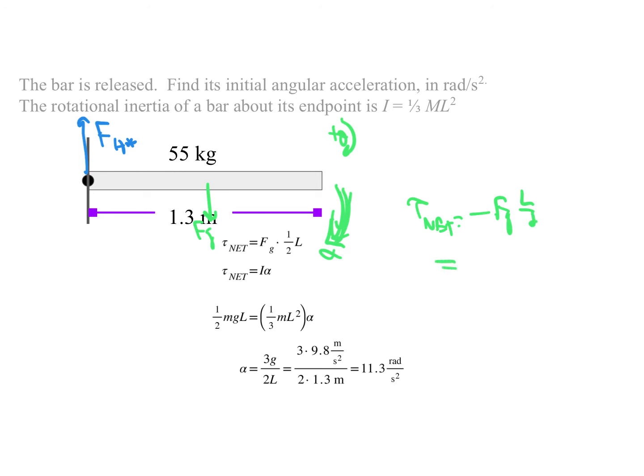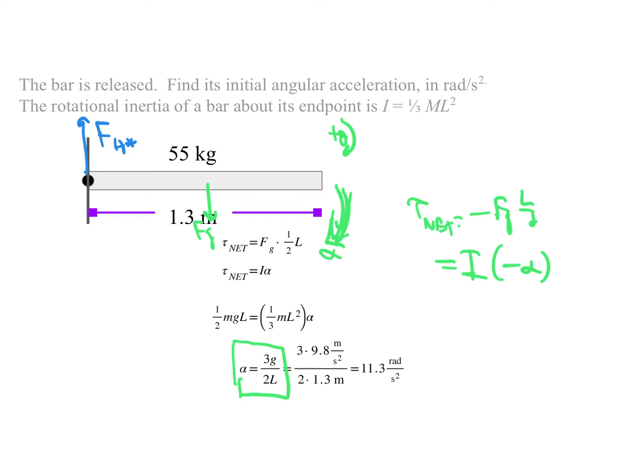But down here, we'd also have to have a minus alpha to indicate the direction, and we can see the minus signs would cancel. So I'm going to stick with my original one. And I'm going to say a half mgL is 1/3 ml squared times alpha over 2... so we can solve that for an interesting result, that the angular acceleration is 3/2 g over L.